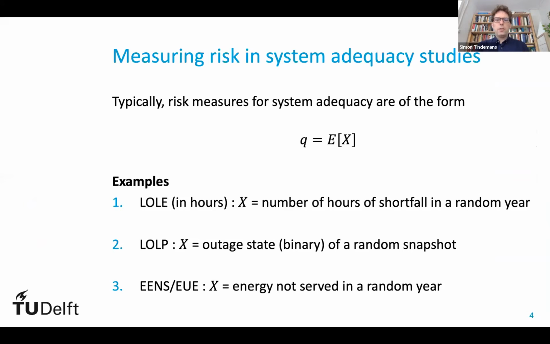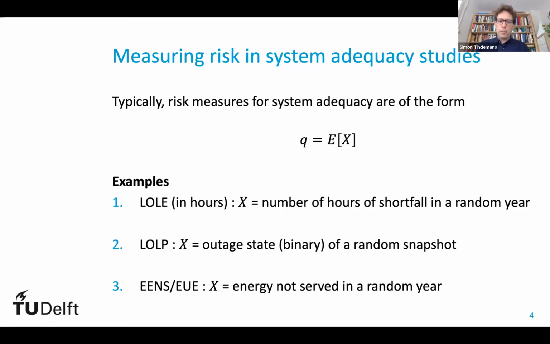So the context in which I'm doing this is the measurement of risk in system adequacy studies. So typically it turns out that whenever you perform these studies, essentially they all have a similar format. I hope you can see the mouse pointer, which is that you're trying to estimate some quantity Q, which is the expectation of some random variable X. So examples of this are, for example, loss of load expectation in hours, where X then is the number of hours of shortfall that you would encounter in a random year.